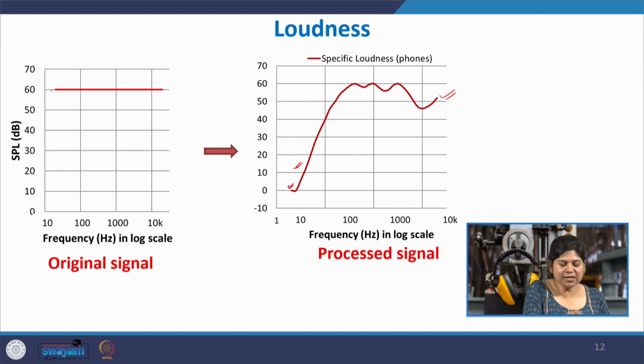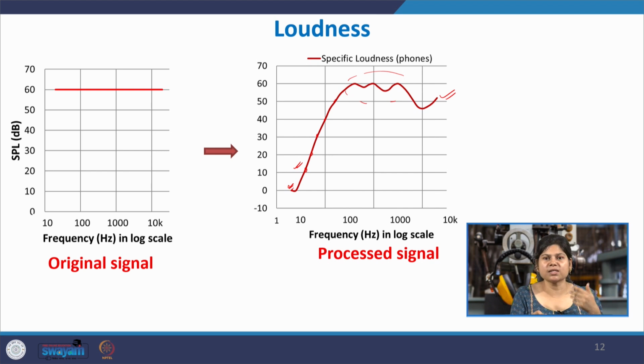It might have the same 60 dB at that frequency, but it will feel like just 0 loudness in phones. Then as you go up in frequency, the perceived loudness of this noise will start to rise, and within this sensitive zone, it will sound the same as a 60 decibel sound.